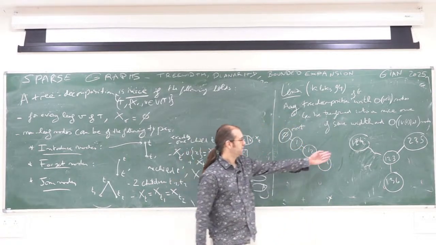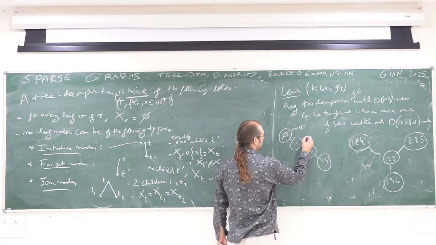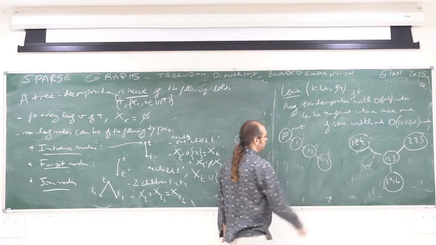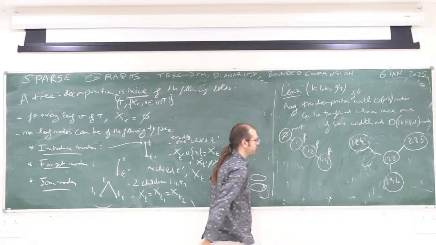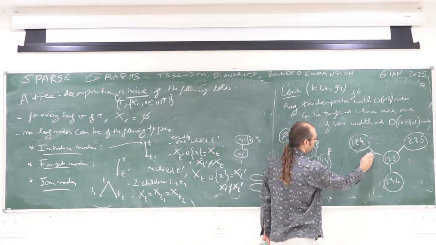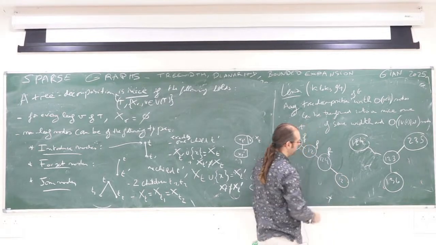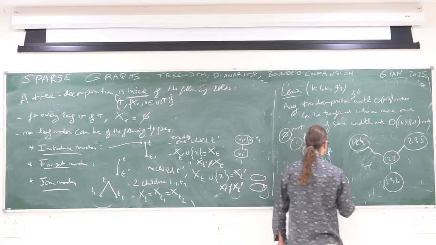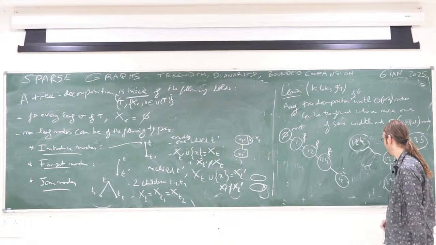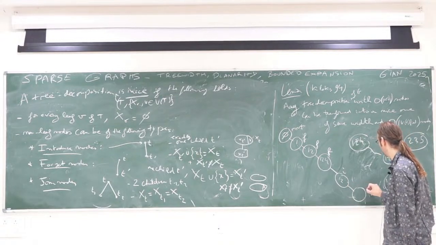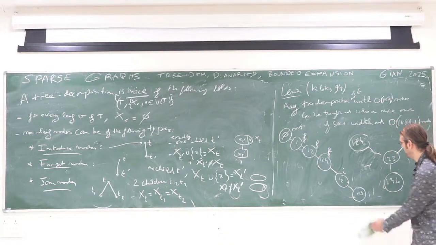I am adding little by little. So you see these are all introduce, introduce, introduce. Sorry, forget, forget. From 1, 2, 4, now I want to go to 1, 2, 3, so I do this, I forget 4. Well, if you look at this, I'm doing the reverse, so I'm actually introducing 1, 2, and now I can do 1, 2, 3.